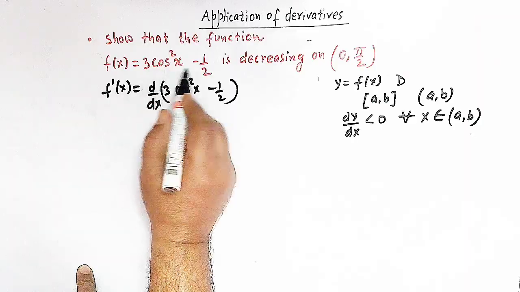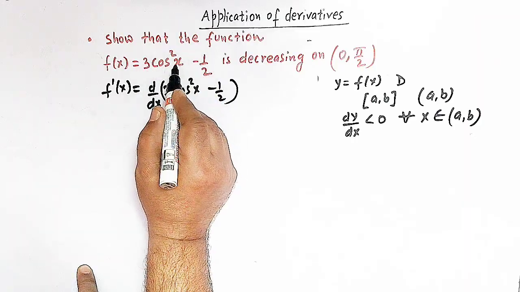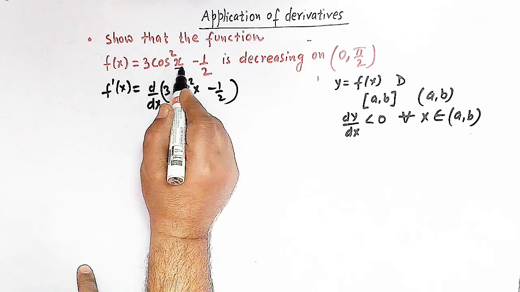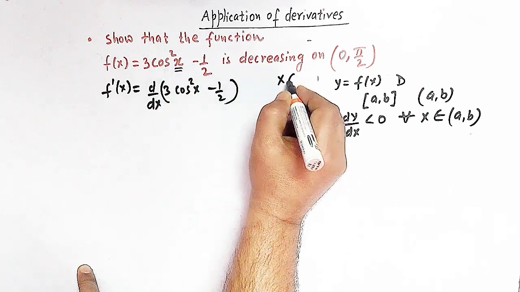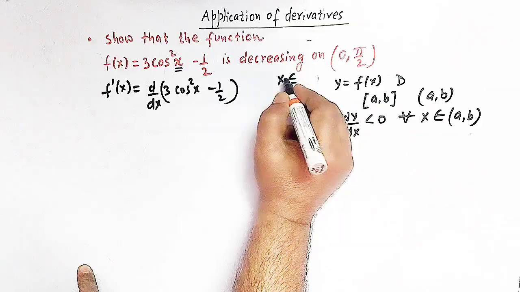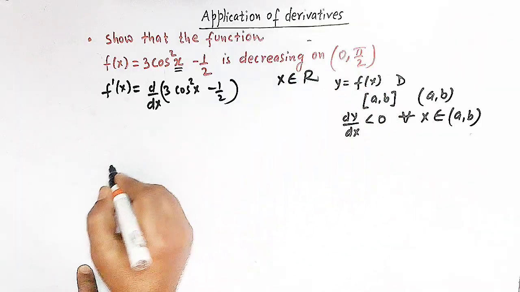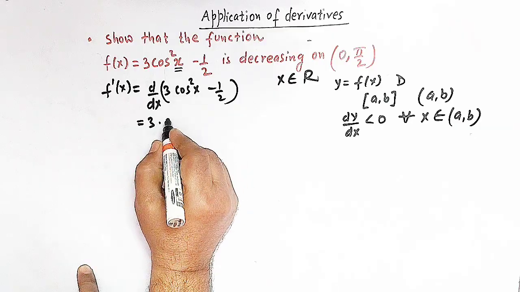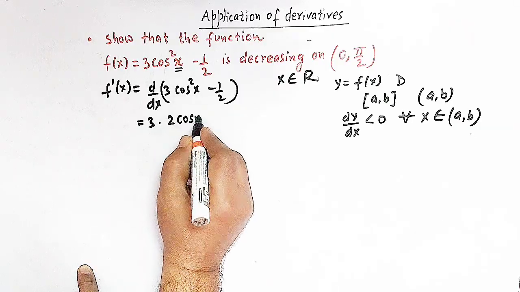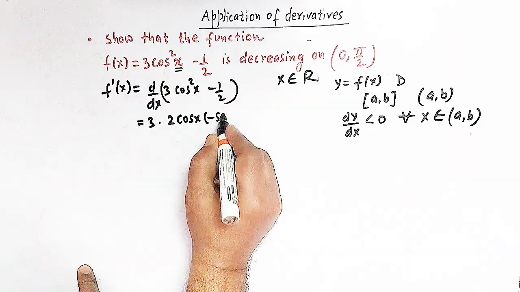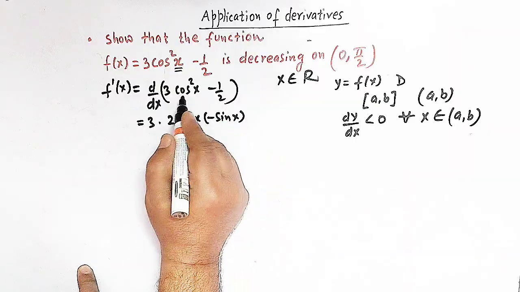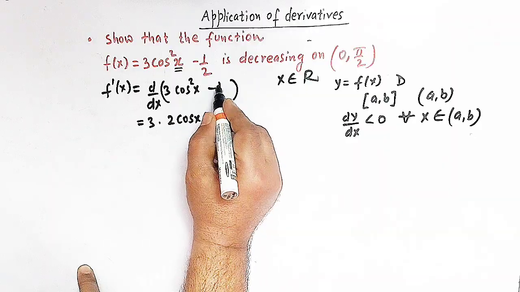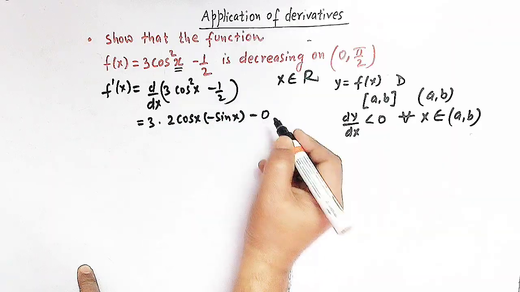And here it is important to note that the domain of this function is the set of all real numbers, so x belongs to R. The derivative of cos square x is 2 cos x, and then by chain rule we have minus sine x, since the derivative of cosine x is minus sine x, and the derivative of half is 0.